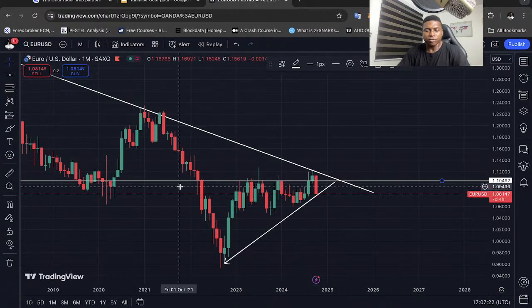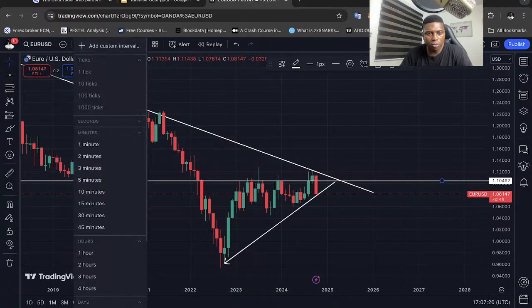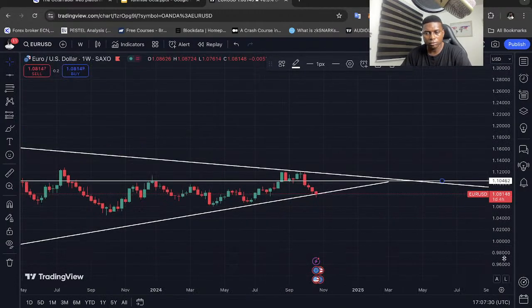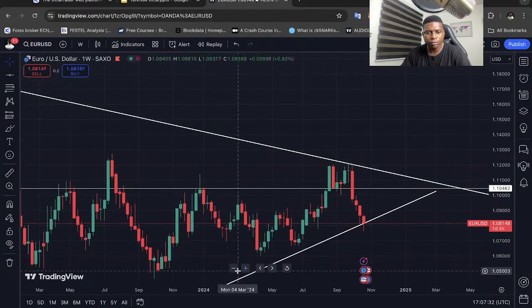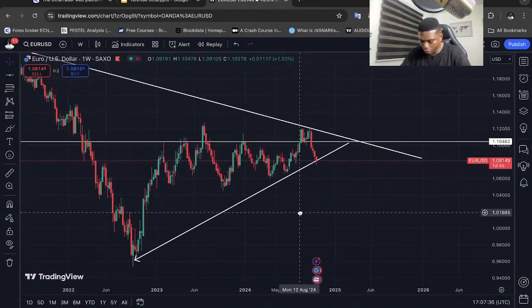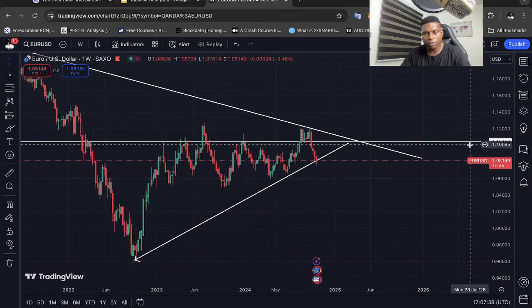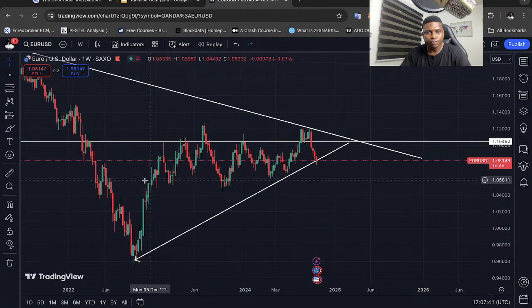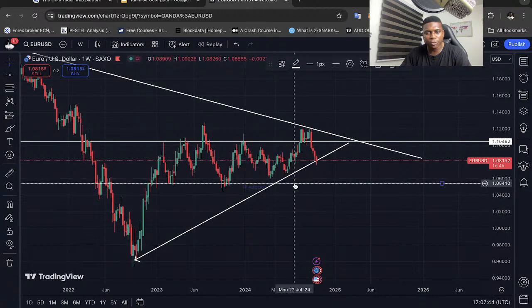Now, we're going to go down to the weekly time frame. Looking at this from the weekly time frame, let's map out levels of support and resistance.